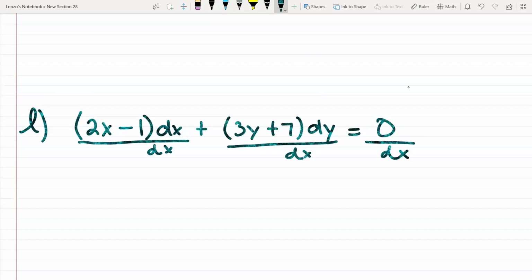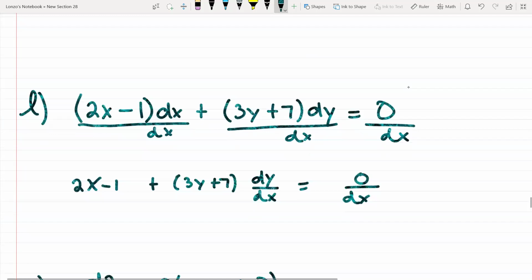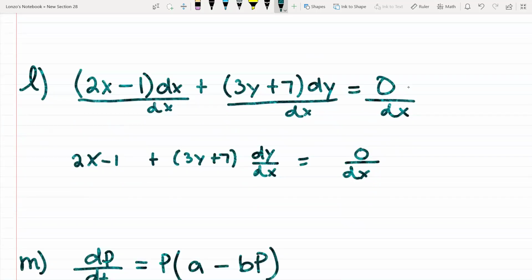Over here, the dx cancel, so you're left with 2x minus 1 plus 3y plus 7, and then you have dy dx. And over here, this is going to be 0 over dx. Now we have a dy dx that represents a first derivative, so it's going to be first order.